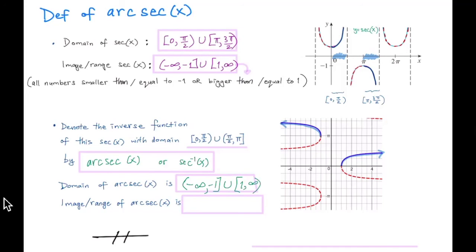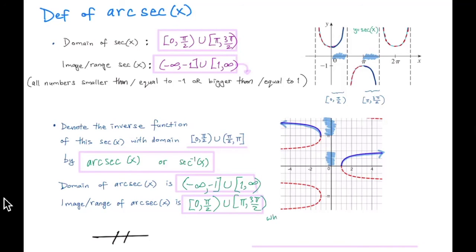And the image of arc secant is from 0 to pi over 2 and pi to 3 pi over 2. And let me label that in the graph. So I have from 0 to pi over 2, and also from pi to 3 pi over 2.